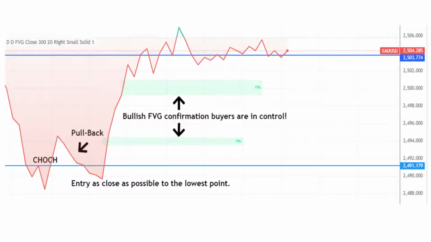Green means the buyers are in control. Here you can see the price dropped down to around 2,490, and then it was bullish all the way up, closing above 2,506. So this was a pretty awesome indicator to use for those scenarios.